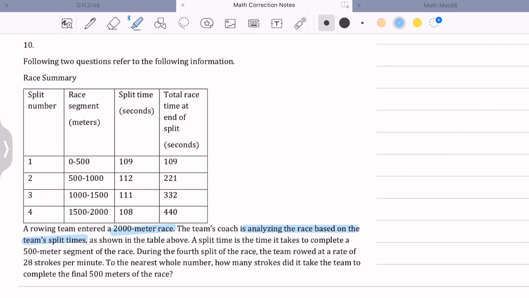A split time is the time it takes to complete a 500-meter segment of the race. During the first split of the race, the team rowed at a rate of 28 strokes per minute. To the nearest whole number, how many strokes did it take the team to complete the final 500 meters of the race?